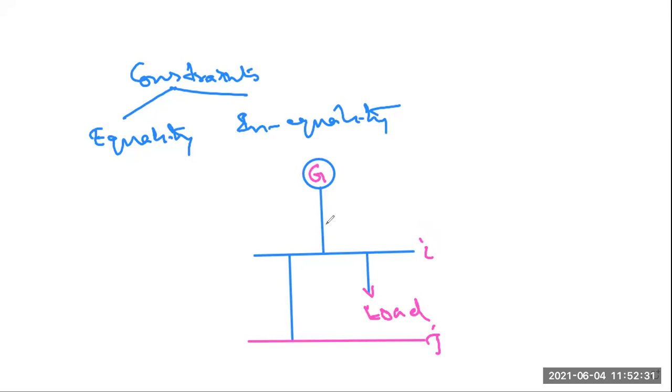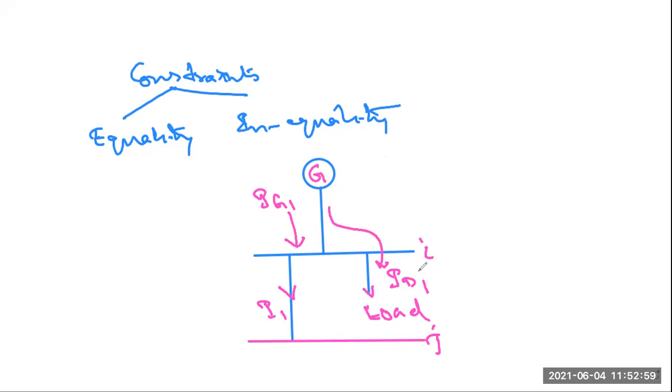So what will happen? Here, the generator is generating power PGi, the load is here PDi, and this is the power flow from the bus. The generator is generating total power PGi, and locally it will supply power to this load. Let us say it is generating 1000 megawatt.